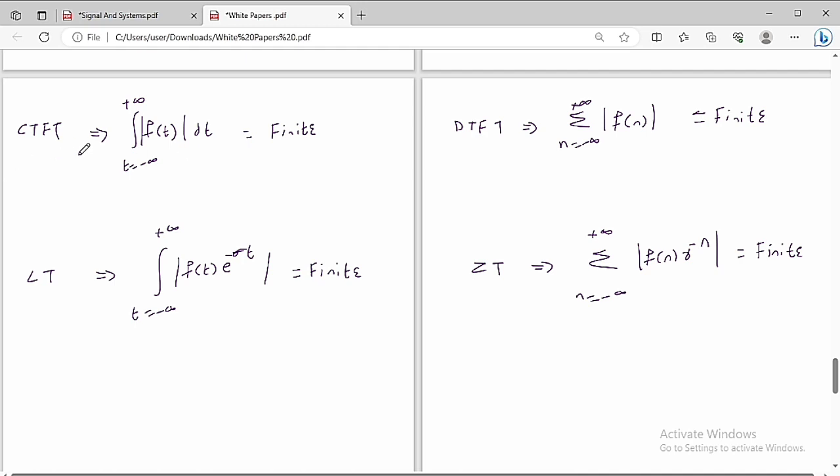So you can see the continuous time Fourier transform exists when f of t is absolutely integrable. The Laplace transform exists when f of t into e to the power of minus sigma t is absolutely integrable.